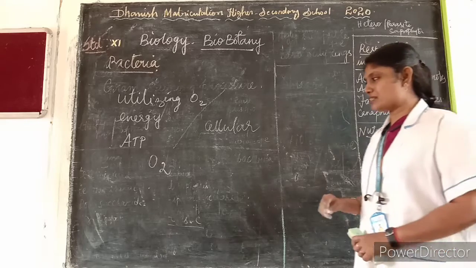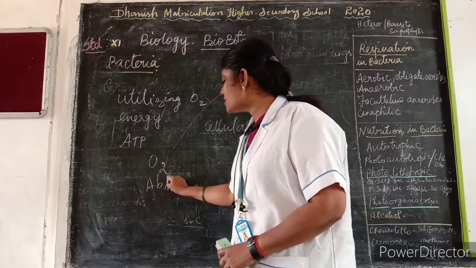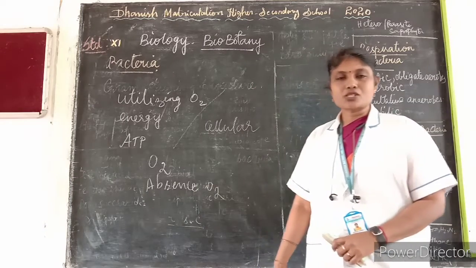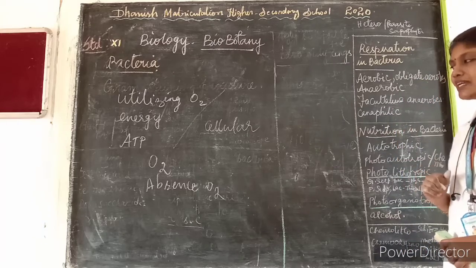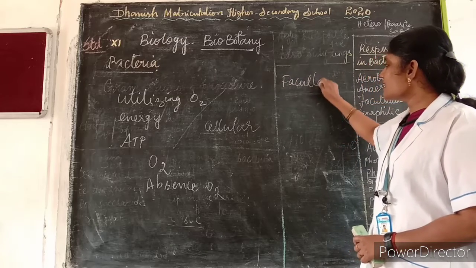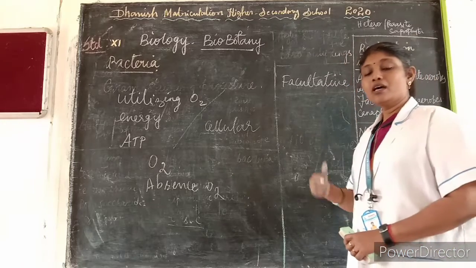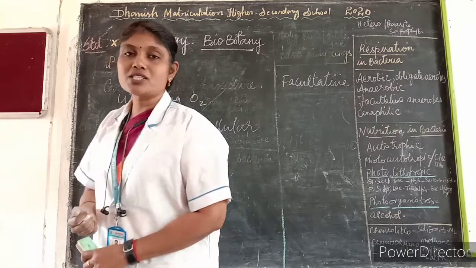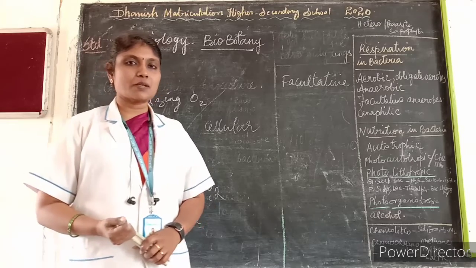Then anaerobic bacteria. Anaerobic bacteria can live in the absence of oxygen. Then we have an interesting kind of bacteria called facultative bacteria. These facultative bacteria can withstand the condition where there is no supply of oxygen, and can utilize oxygen when there is a supply of oxygen.